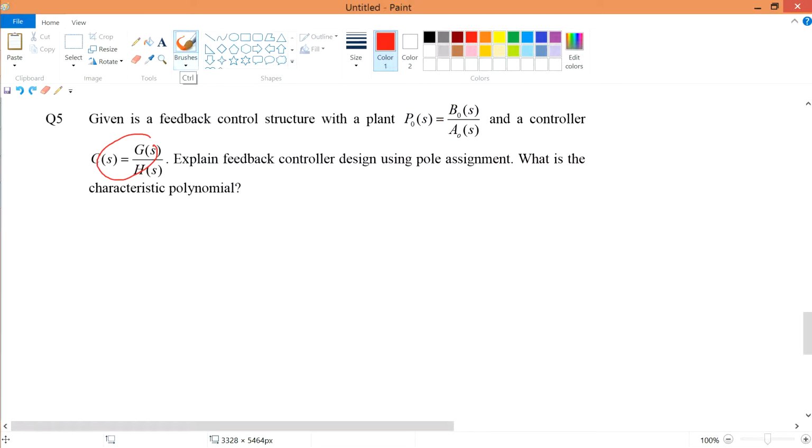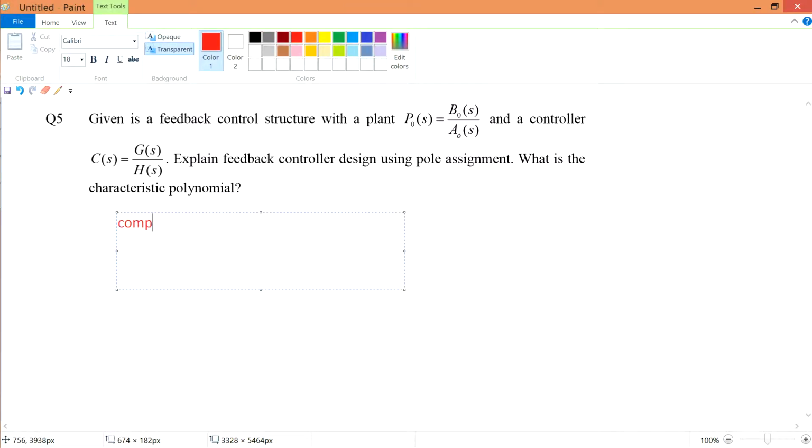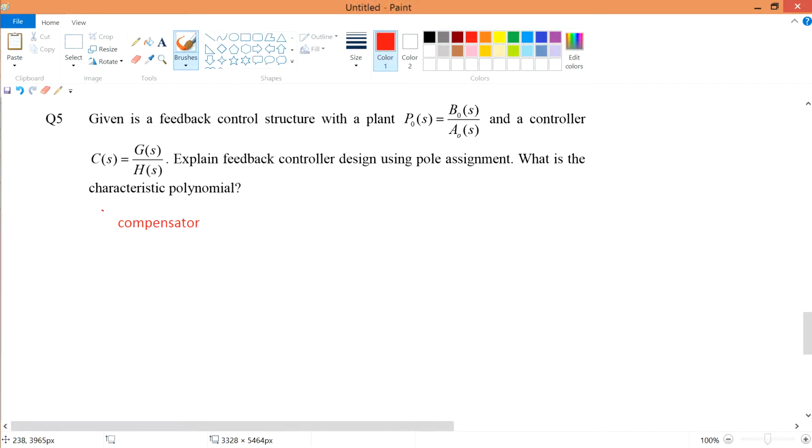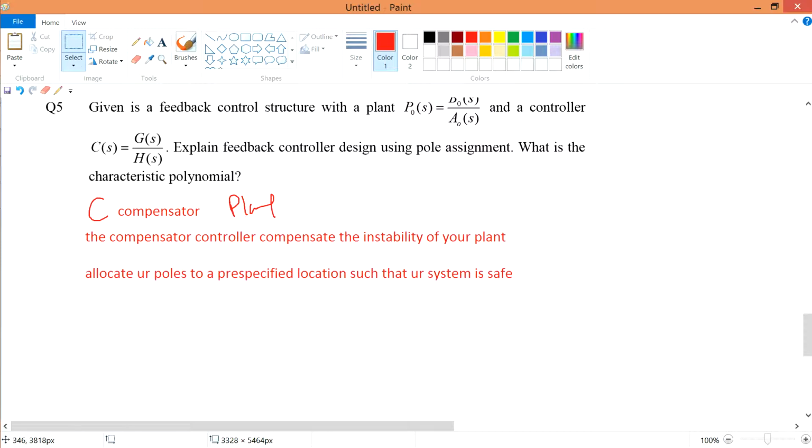We don't use the word controller, we use compensator. The controller is a compensator such that it compensates your plant. Let me repeat again: the compensator controller compensates the instability of your plant. So your plant is unstable, and therefore you want the compensator controller to compensate for it, to make it stable.